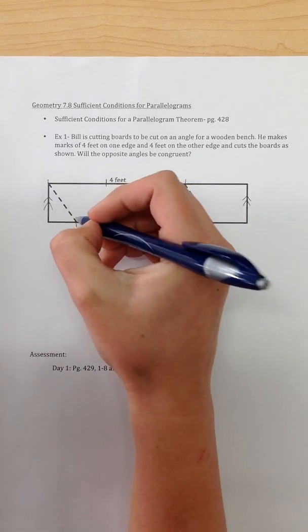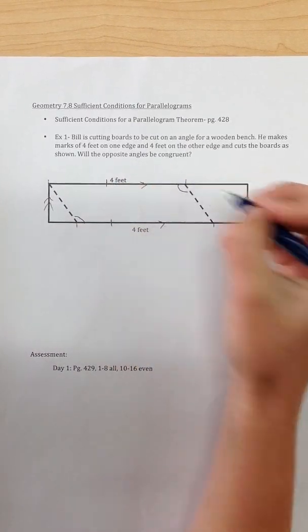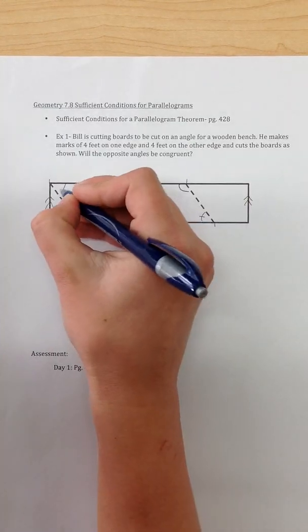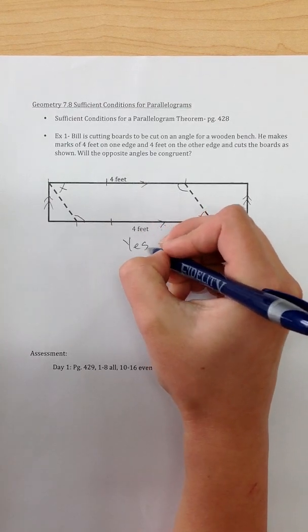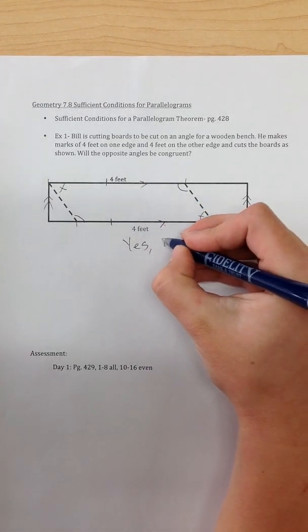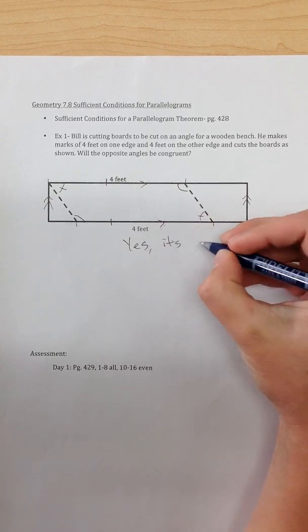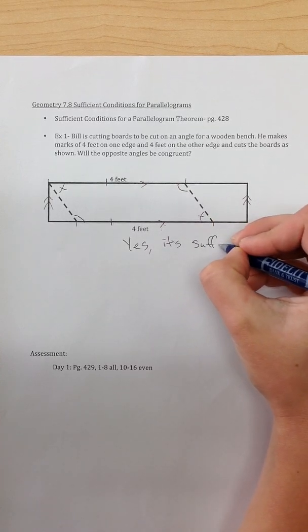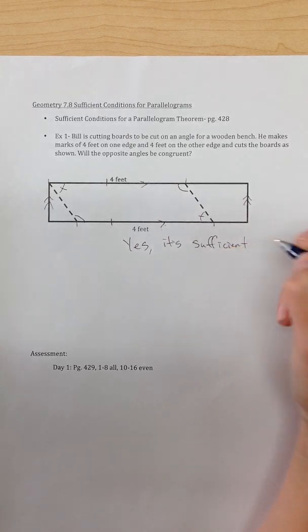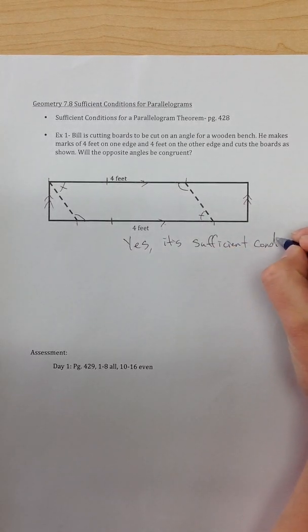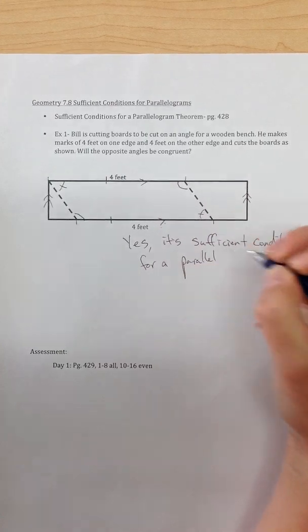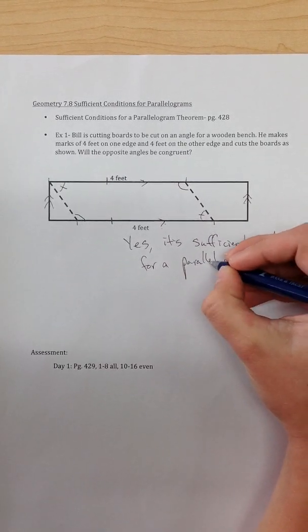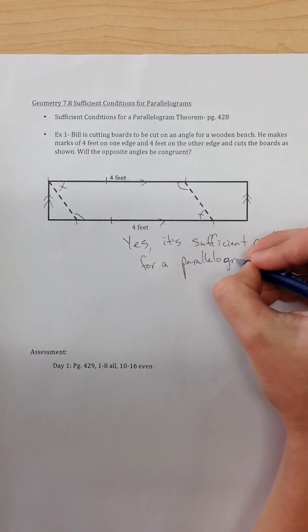Well, if this is a parallelogram, then yeah, our opposite angles, like that one and that one, and that one and that one, should match up to be congruent. So you could say yes, and then you could say it's sufficient conditions for a parallelogram. Spelled that wrong.